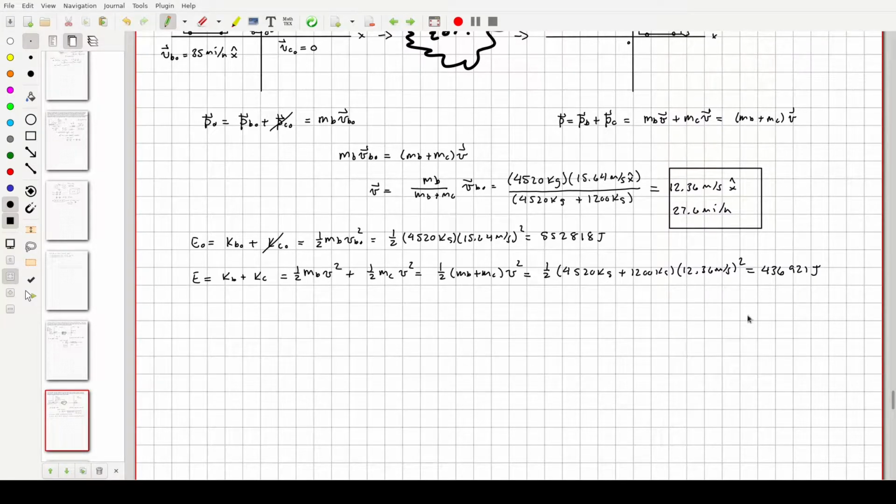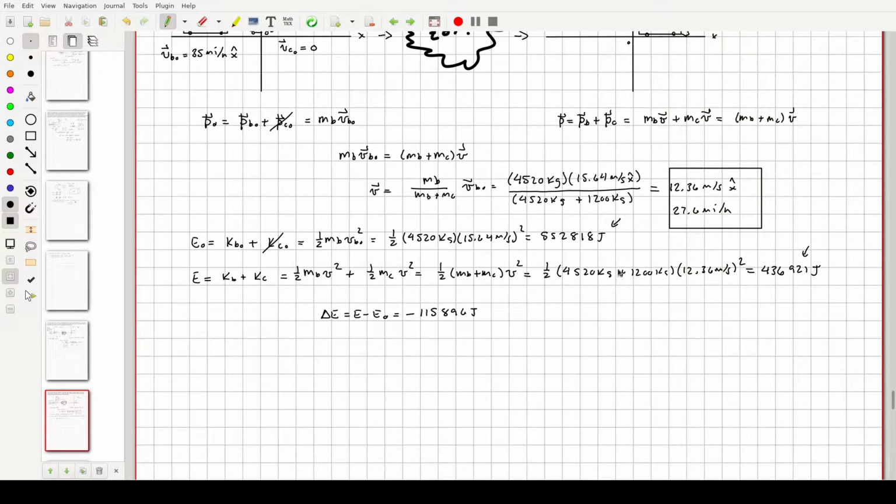So what this tells me is the energy after the collision is less than the energy before the collision. If you do the difference between them, you have a change in energy of negative 115,896 joules.